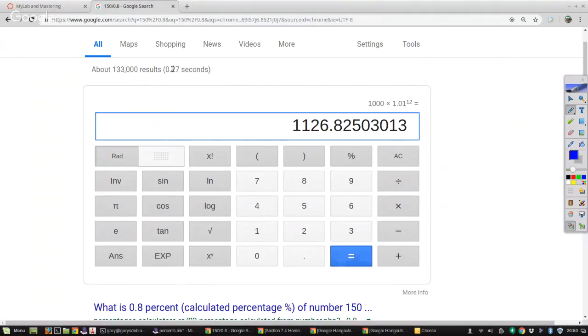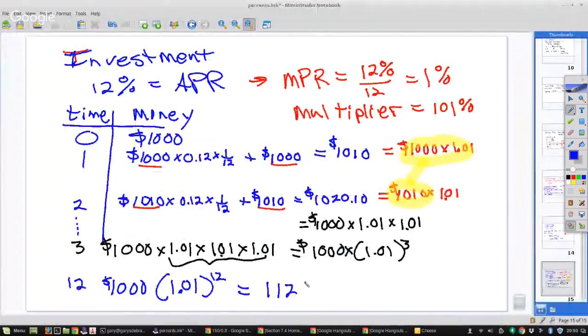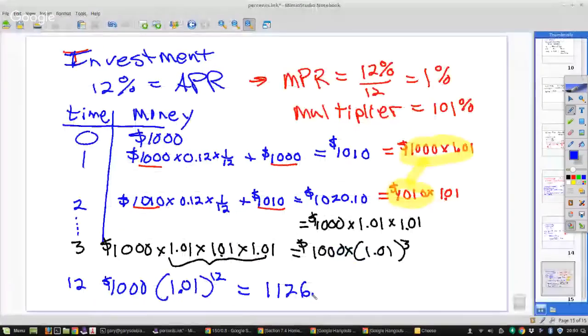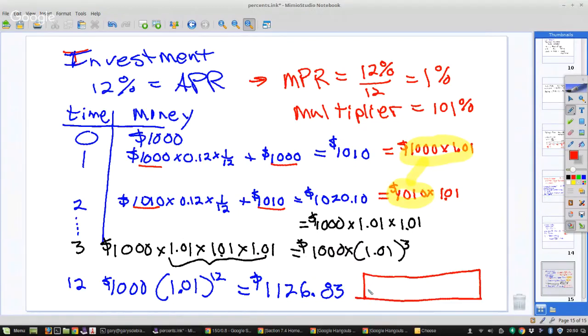Legally. Weird. Anyway, so think about it. 12% of 1,000. So again, this was $1,126 and was it 53 cents? 83 cents, excuse me. Now, if I just did simple interest on this and I didn't let my interest collect interest, simple interest says I is 1,000, your starting amount, times your rate, 12%.